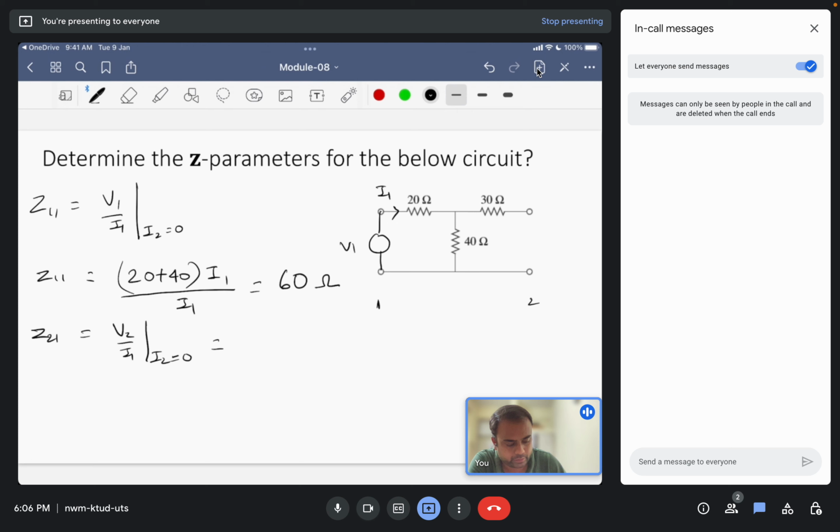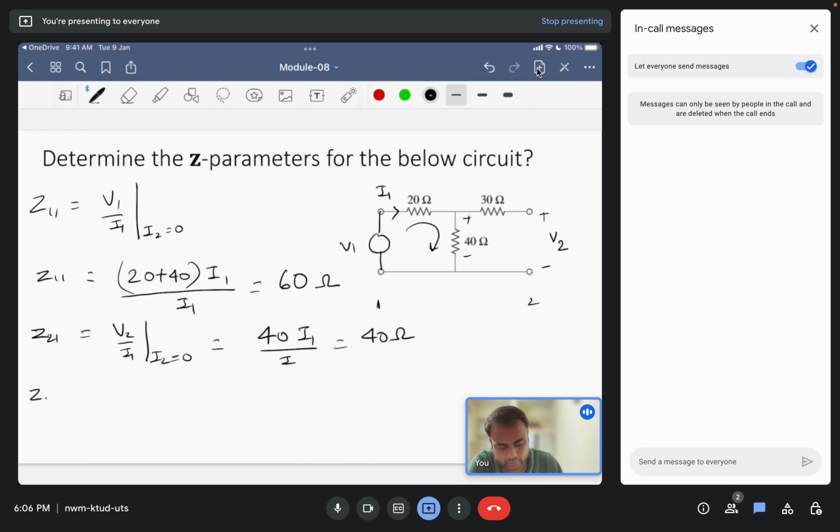We have to consider the signs also. Since the direction of current flow is like this, with the plus minus signs, the signs are the same, so there will be no change in sign. So V2 will be 40 multiplied by I1, divided by I1. So that is 40 ohms.